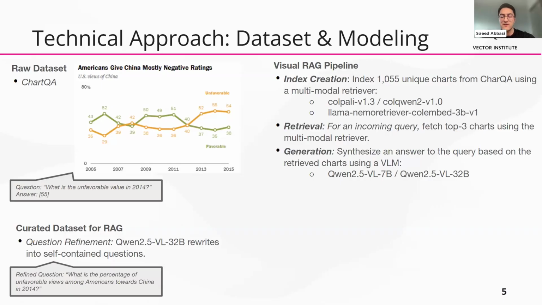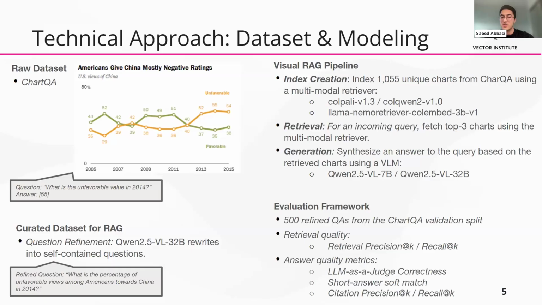We actually tried three different ones, ColPali, ColQwen, and Llama Nemo Retriever, to do a benchmarking later. The retrieval phase includes fetching the top three charts for an incoming query, which is then passed to the generator, which synthesizes an answer based on the query and the retrieved charts.